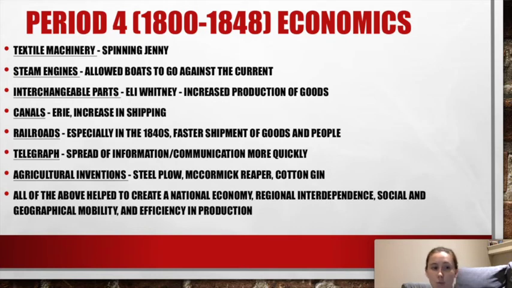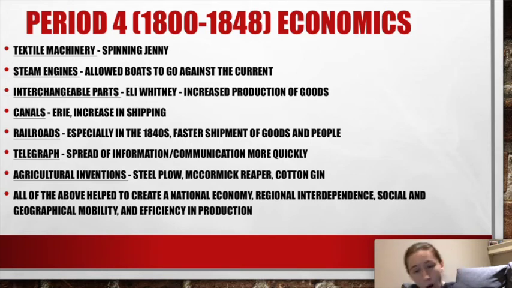In addition, we're going to have the telegraph, which is definitely changing information and communication, as well as different inventions such as interchangeable parts, and inventions like the cotton gin and the spinning jenny that are really making mass production possible.